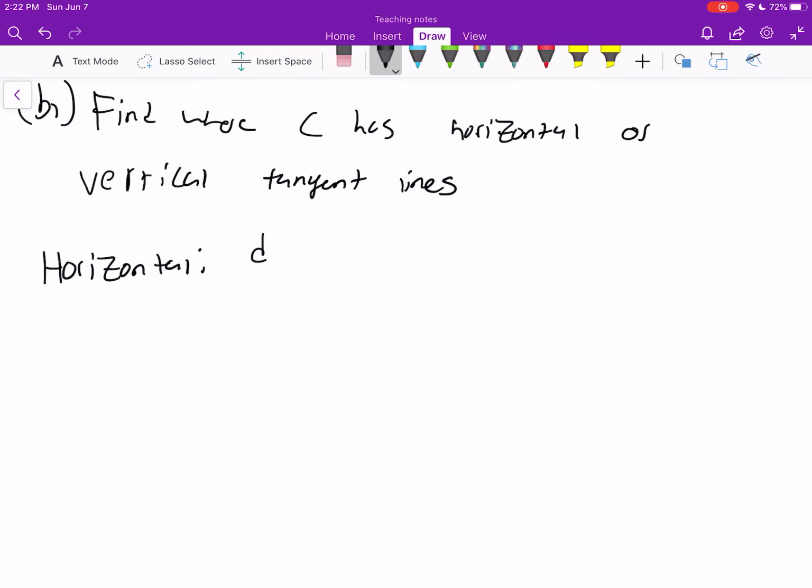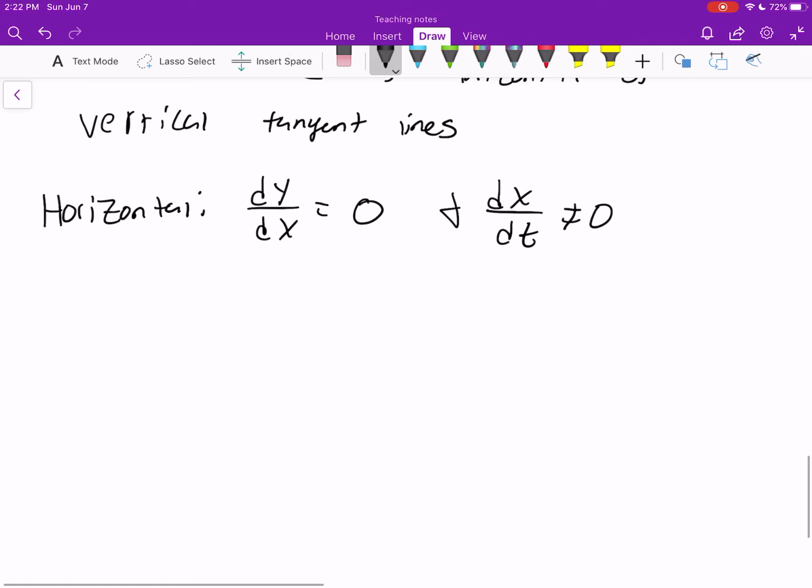So this is where dy/dx is equal to 0, and dx/dt is not equal to 0. If I just set dy/dx equal to 0, you remember that dy/dx is 3t squared minus 3 over 2t.